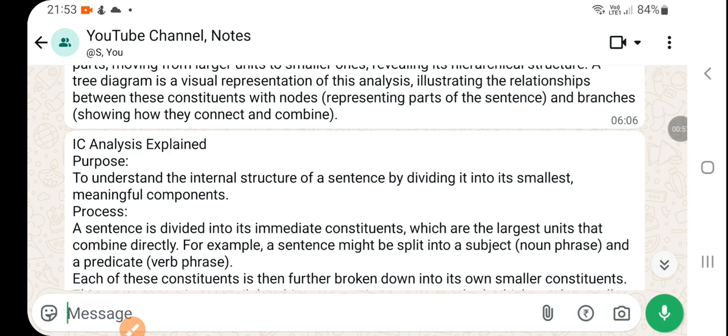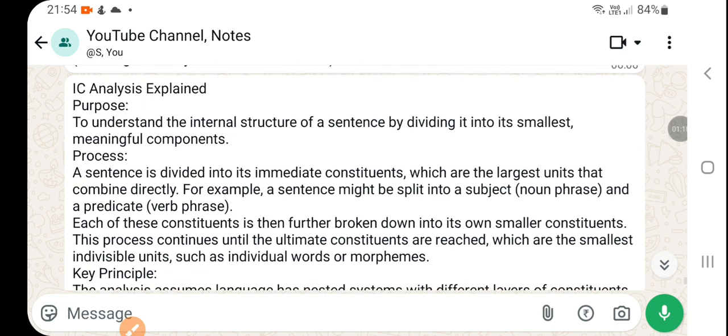We are going to discuss these nodes and constituents further, representing parts of the sentence, and branches showing how they connect and combine. So this is a tree diagram. When we discuss, you will be able to understand the tree diagram.